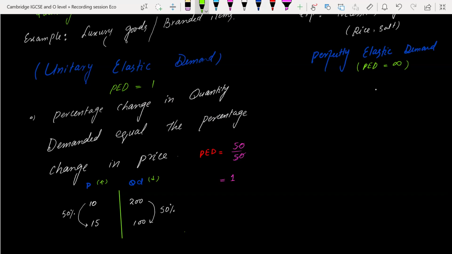So when it happens, the consumer will buy only at one price.